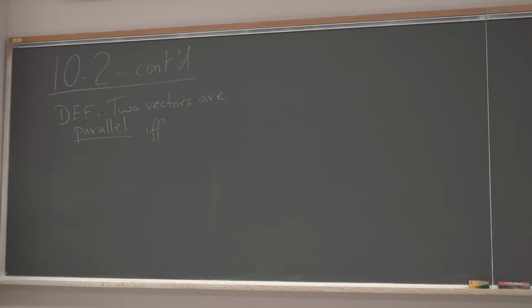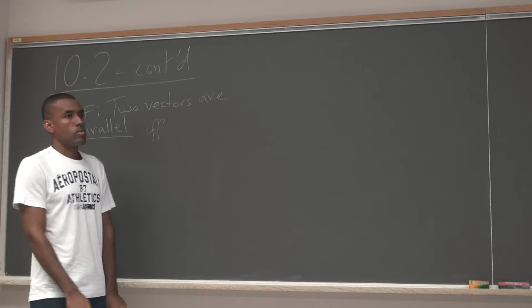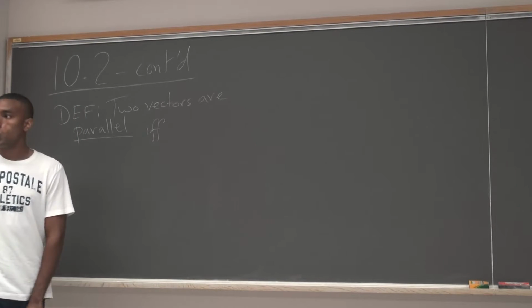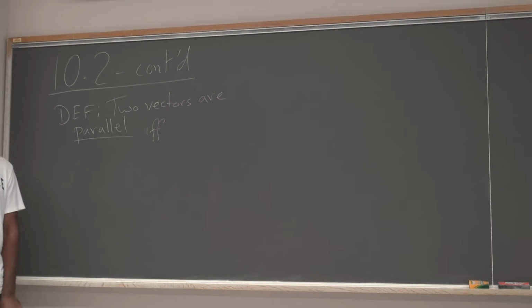How do we know two vectors are parallel? They don't have to have the same magnitude. Same direction. How do we know if two vectors have the same direction? They could be factors of each other, right?